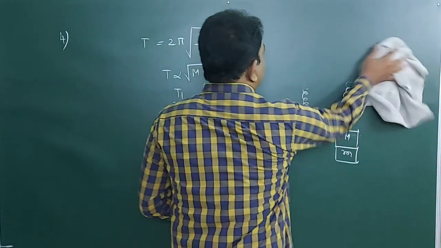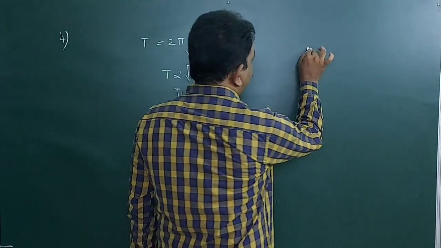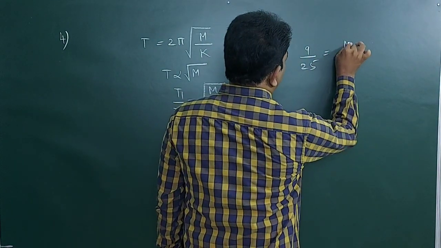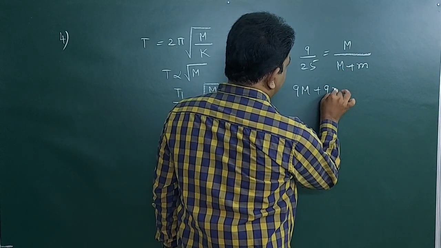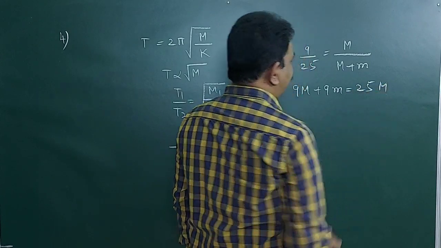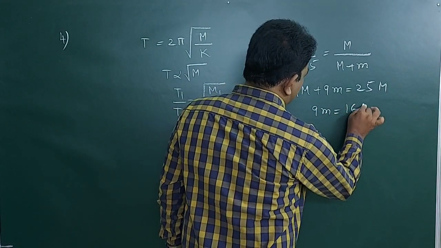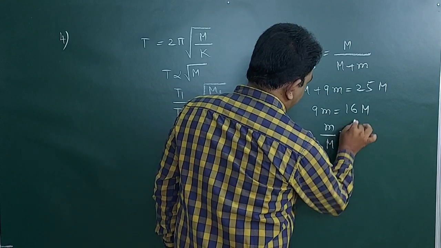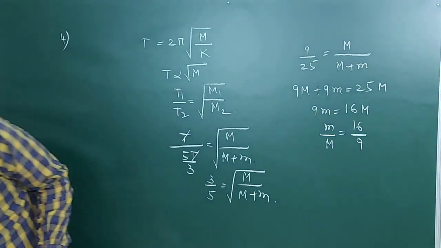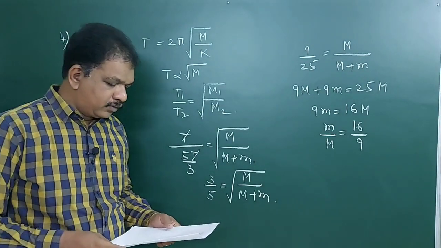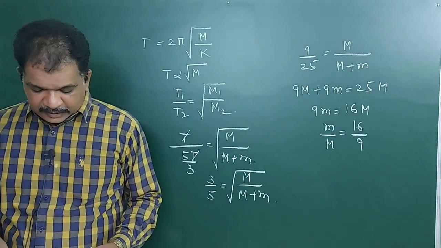Square on both sides: 9 by 25 is equal to capital M by capital M plus small m. 9M plus 9 small m is equal to 25M. 9 small m is equal to 16M. Small m by capital M is equal to 16 by 9. Okay, so fourth question, small m by capital M value will be 16 by 9.